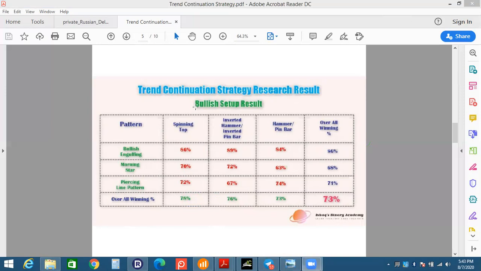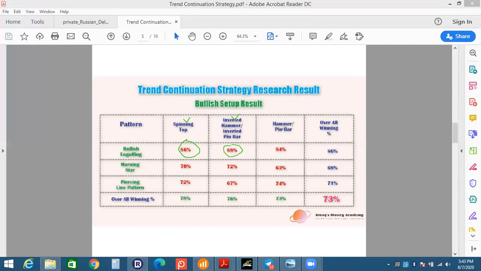So in this research, there is an 86% chance, if the bullish engulfing appears in the downtrend, also in the uptrend, in both trends, that the next third candle is a green candle, if spinning top. If inverted hammer or pin bar appears, 89% chances the market will go up.